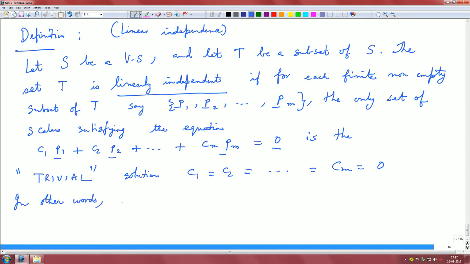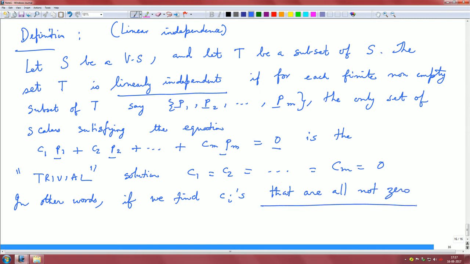In other words, if we find Ci's that are all not 0, it is a very important step. Some can be 0, but some cannot. Even if I give you one element which is non-zero, then it breaks.